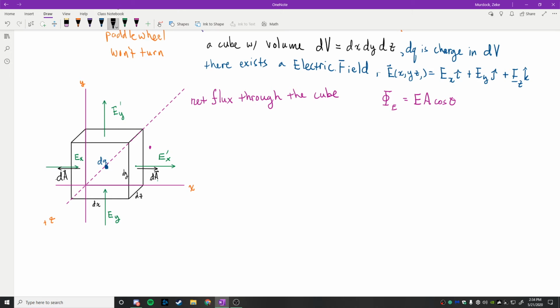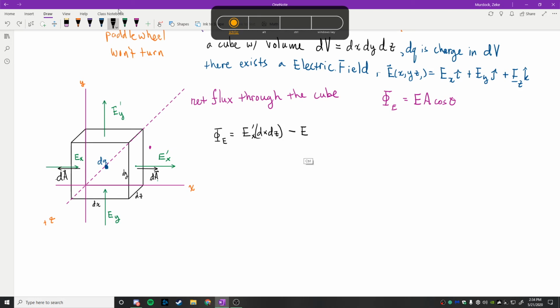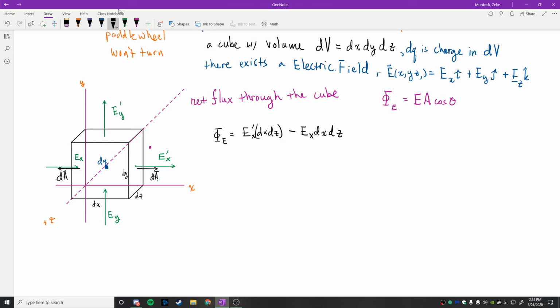So if I want to find the flux, phi e, at least in the x direction, it's going to be equal to something like this.